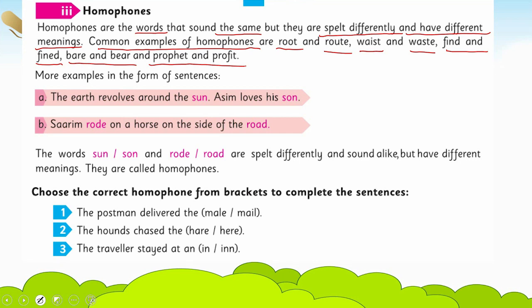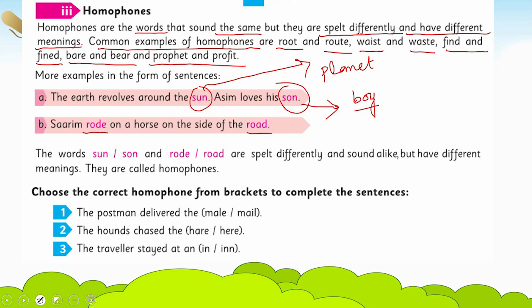More examples are in the form of sentences. "The earth revolves around the sun. Asim loves his son." Here the sun is a planet, and here son is a boy. In the second sentence, "Sarim rode on a horse on the side of the road." Now here rode is the second form of ride, and road is road.